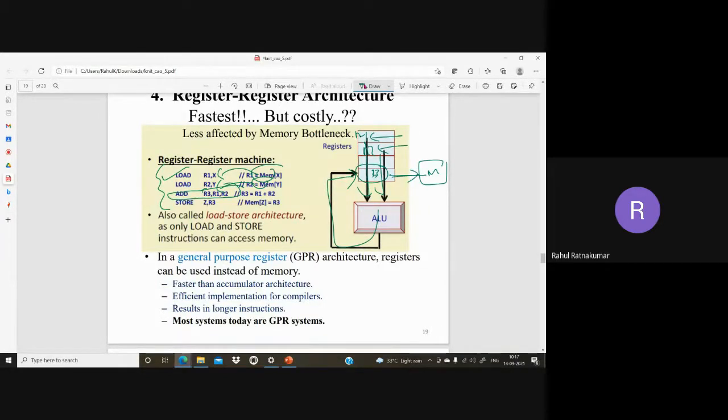So this is register to register. Fastest, but quite costly because we need a lot of registers. A lot of registers means a lot of chip area, processor area. Increasing processor area will reduce the profit because the number of processors per manufacturing process is less. So definitely the cost for companies will increase. If the processor is small, we can have maybe 50, 60 or even hundreds of processors within one fabrication or one silicon wafer.